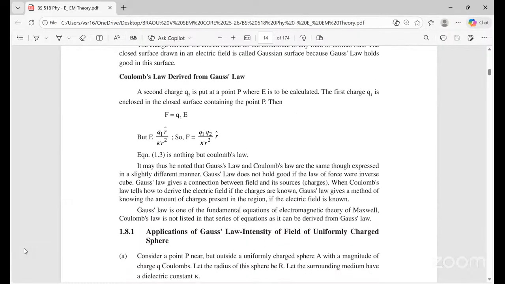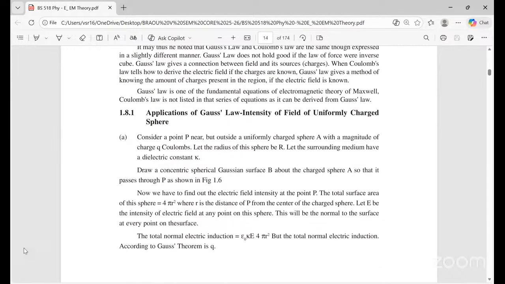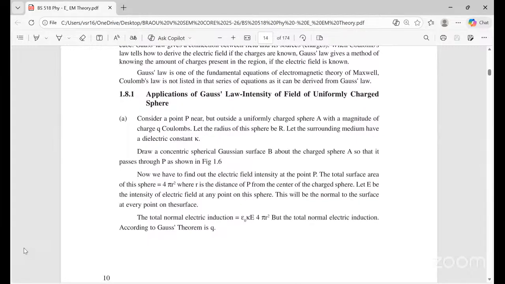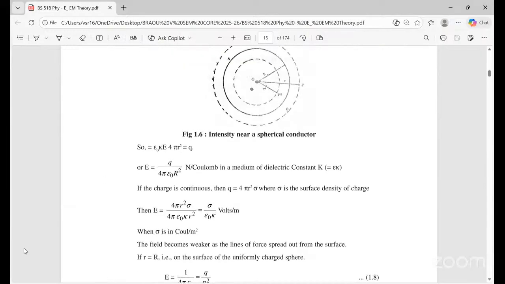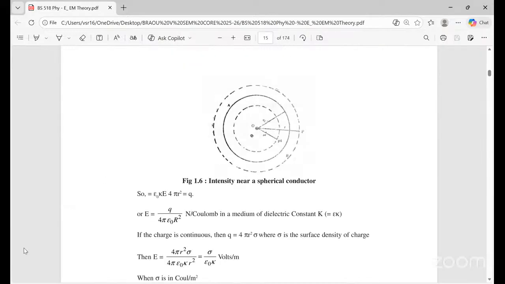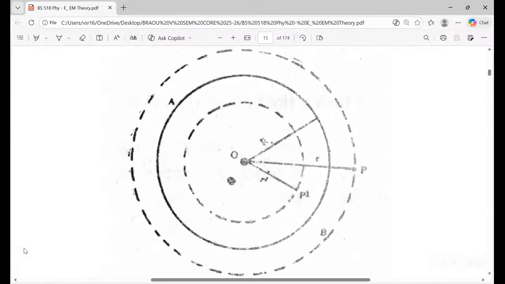Deriving the law from Coulomb's law, and application of Gauss law: intensity of a uniformly charged sphere. Uniformly charged sphere, you can easily identify this.